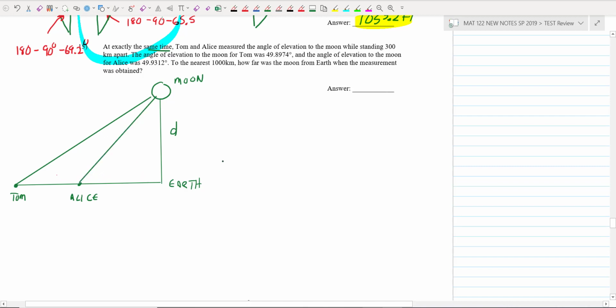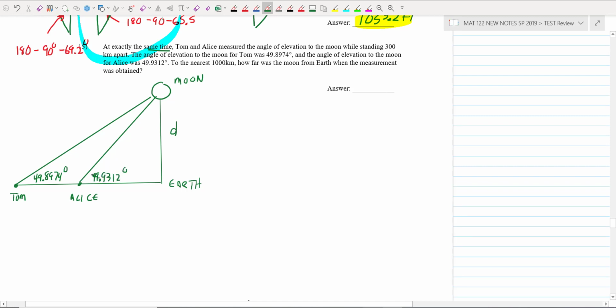So that's the way I see this. We were given that Tom's angle of elevation to the moon was 49.8974 degrees, and Alice's was a tad bit bigger because she's closer in, so that would be 49.9312 degrees.